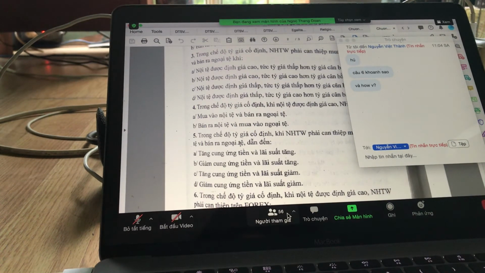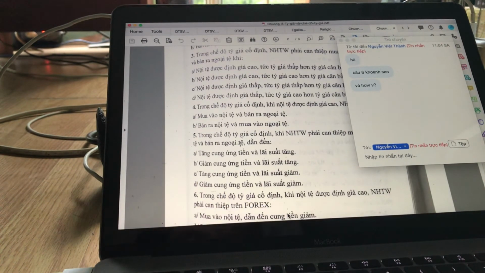Okay, let's see. For decreasing the money supply, because the central bank withdraws, or they buy the domestic currency, right? We have a decrease in MB and then a decrease in MS. So the first part is correct. There's a decrease in the money supply. Okay, how about the interest rate?